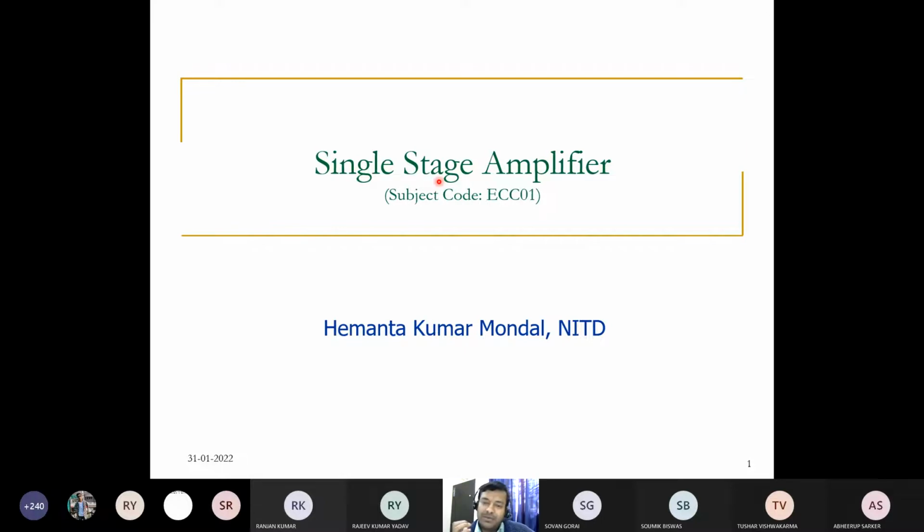But you must have knowledge about what tools you have to utilize if someone wants to design an amplifier, for real applications. That I'll also try to cover as much as possible on coming Friday. Before that, I would like to cover the basic concepts of single stage amplifier.